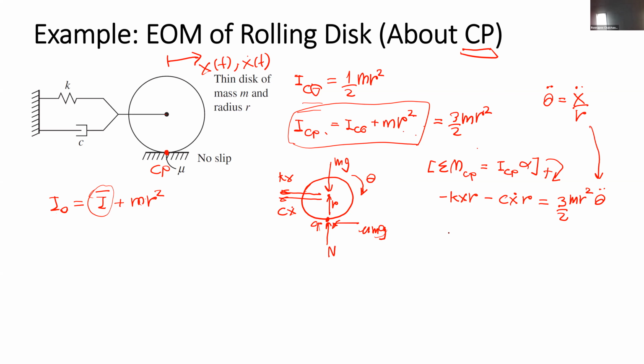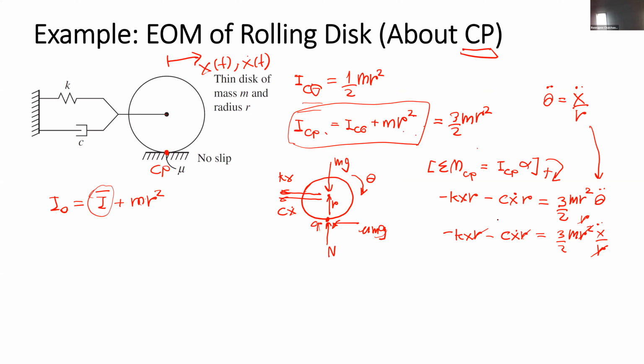So what we have is minus kxr minus cx dot r is equal to 3/2 mr squared times x double dot divided by r. So this r, and if r is not 0, we can cancel all r.